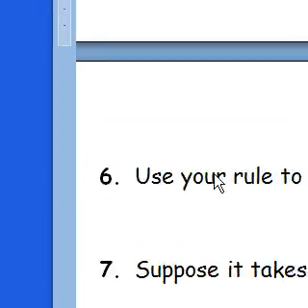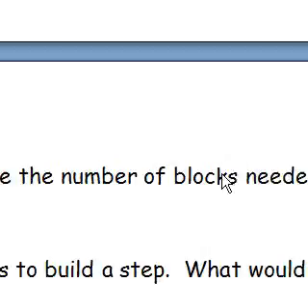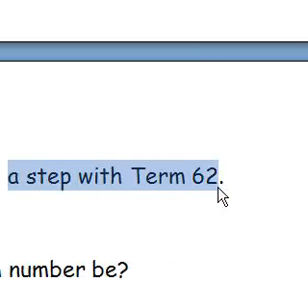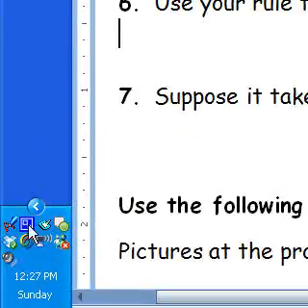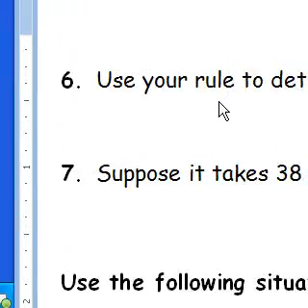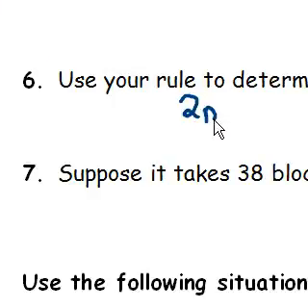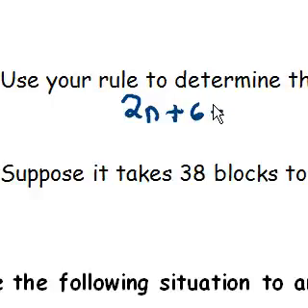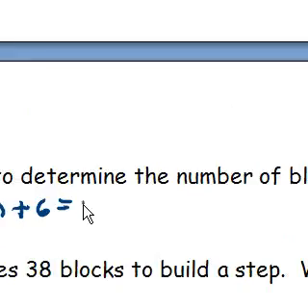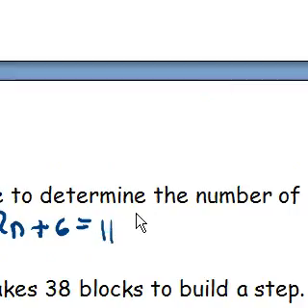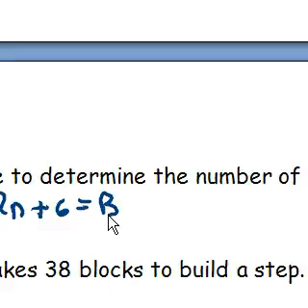Number 6 states, use our rule to determine the number of blocks needed to build a step with term 62. Well, our rule, if we remember, was that 2 times n plus 6 equals the number of bricks. I'll just put B to stand for bricks.